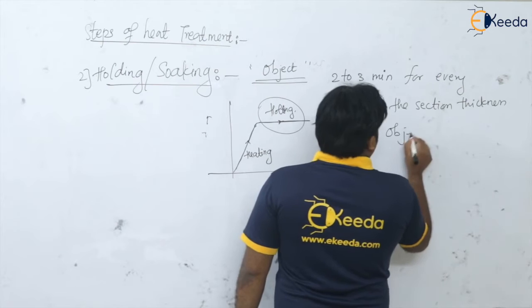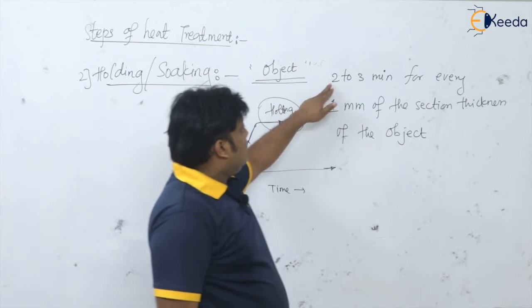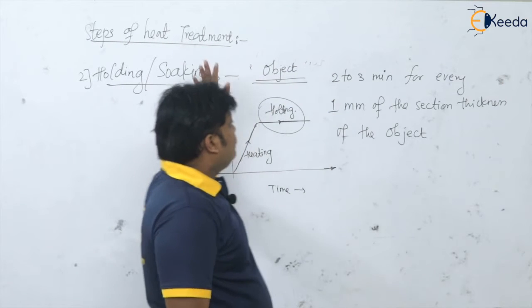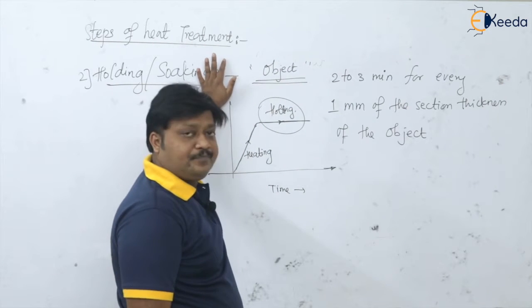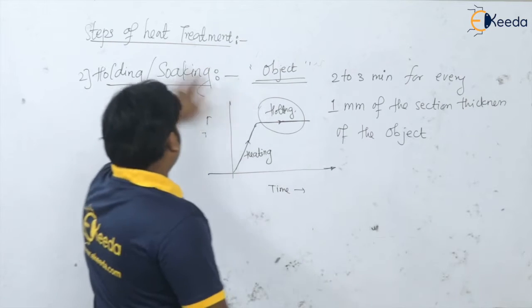Please remember, for every 1 millimeter section thickness of the object, we have a holding time of around 2 to 3 minutes. This is how we can determine the holding time or soaking time.